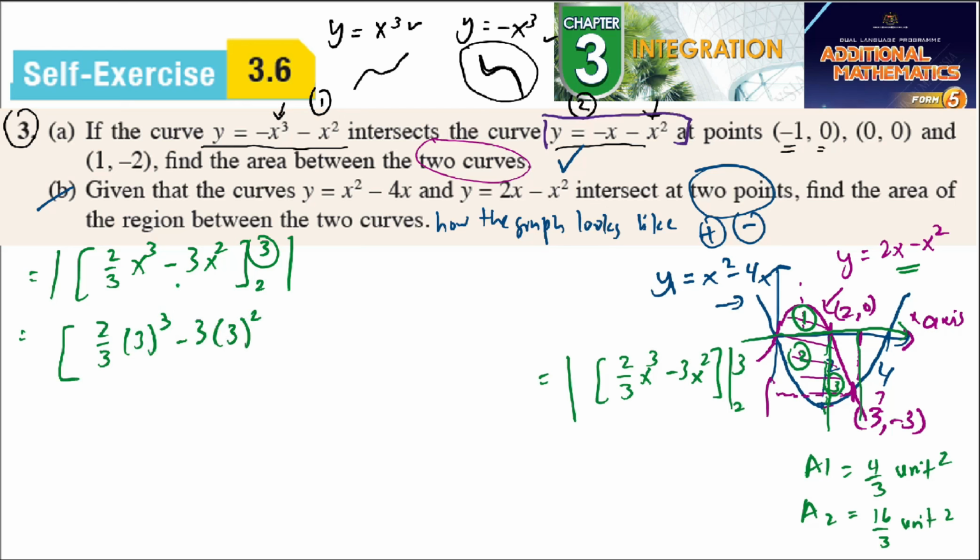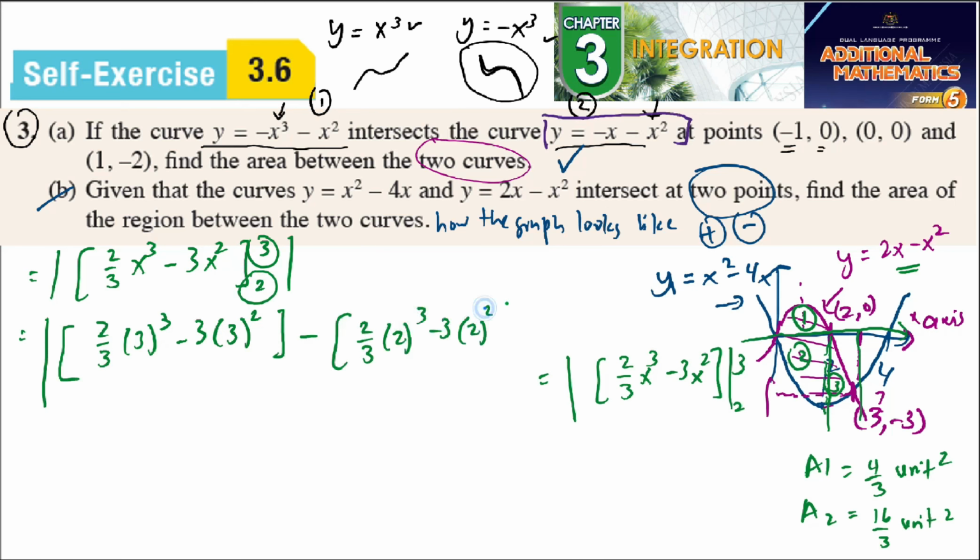So we see x substituted with 3. Okay, minus, so we have modulus here. x substituted with 2. So here we have 2 over 3, 2 cubed minus 3, 2 squared.